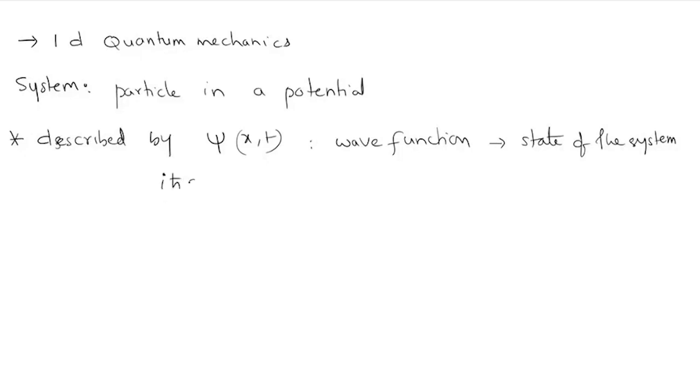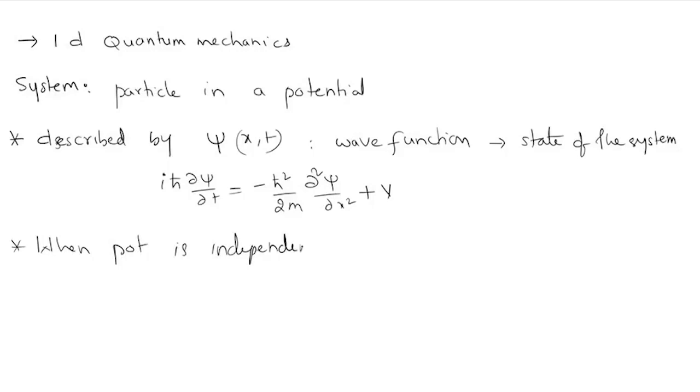The Schrodinger equation is very straightforward. You have something like this. But when the potential is independent of time, psi of x,t can be written as a space function, psi of x, which depends only on x, and a time function which depends only on energy and time.